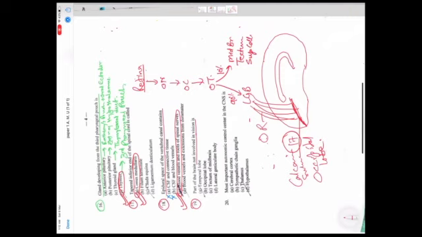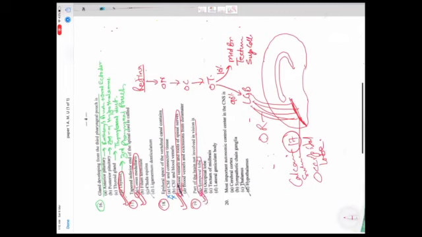Go into the playlist of ophthalmic anatomy, you'll find many good lectures on this portion. Then tectum of midbrain has been done. Lateral geniculate body I've already mentioned. So your answer here will be temporal lobe.